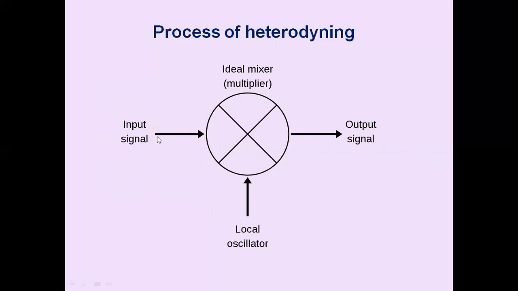When the input signal is tuned, the local oscillator is also simultaneously tuned to a value higher by the IF value. For example, if the input signal is tuned to 600 kilohertz, the local oscillator will be tuned to 600 plus 455 kilohertz. The difference is 455 kilohertz.